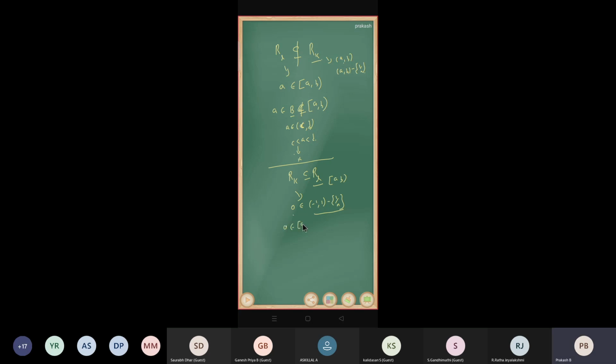Once it contains 0, automatically it will contain elements of 1 by n. So it will definitely not be a subset of minus 1 comma 1 minus 1 by n. Therefore this relation will also not hold. Therefore RL and RK are not comparable, right? RL and RK are not comparable.